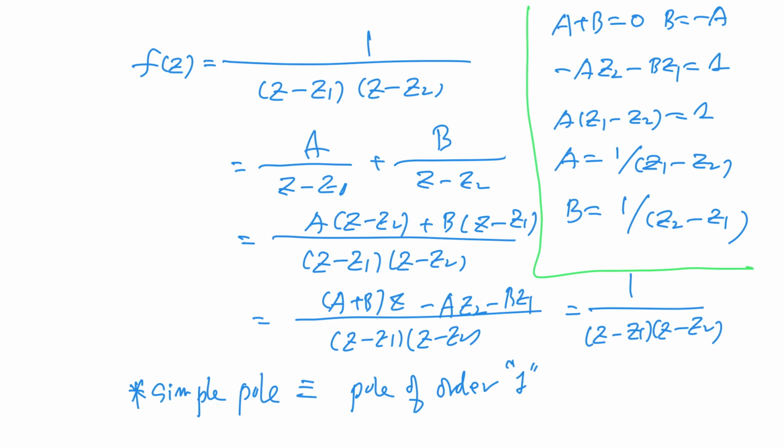Some mathematics books will say simple pole, which means pole of order 1. Either way is fine. Sometimes partial fraction is much easier.